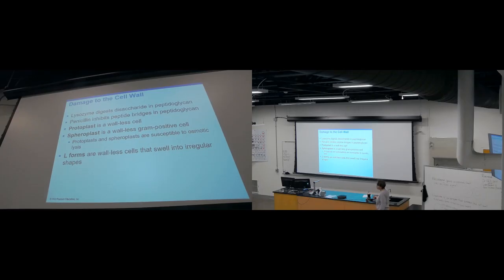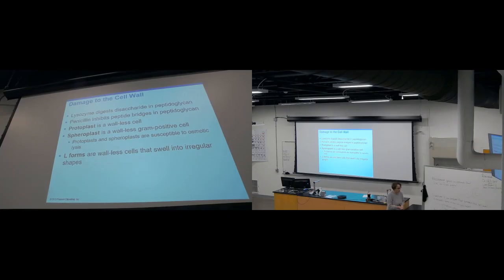A protoplast is a form of bacteria that forms when it doesn't have a cell wall. And a spheroplast is also another example, but this one is in a gram-negative cell. Protoplasts and spheroplasts are susceptible to osmotic lysis.